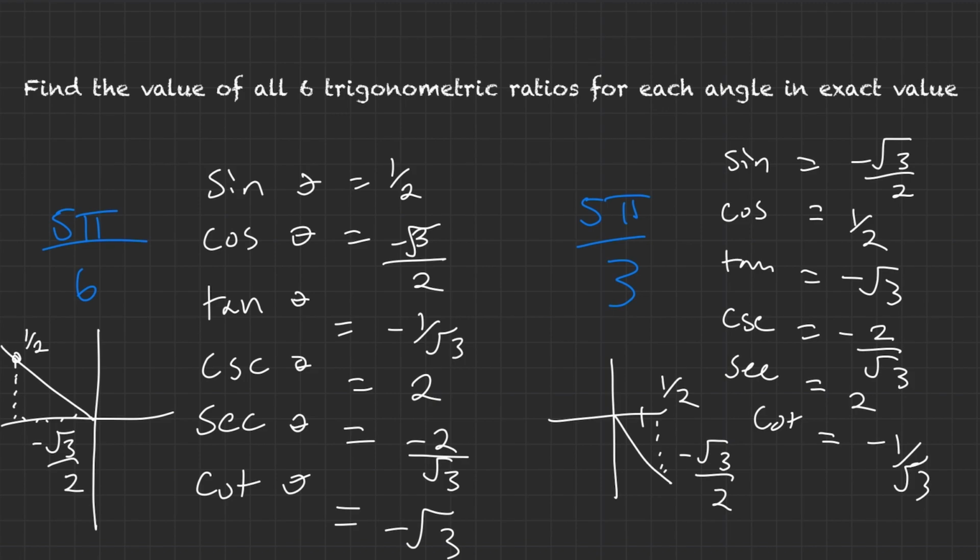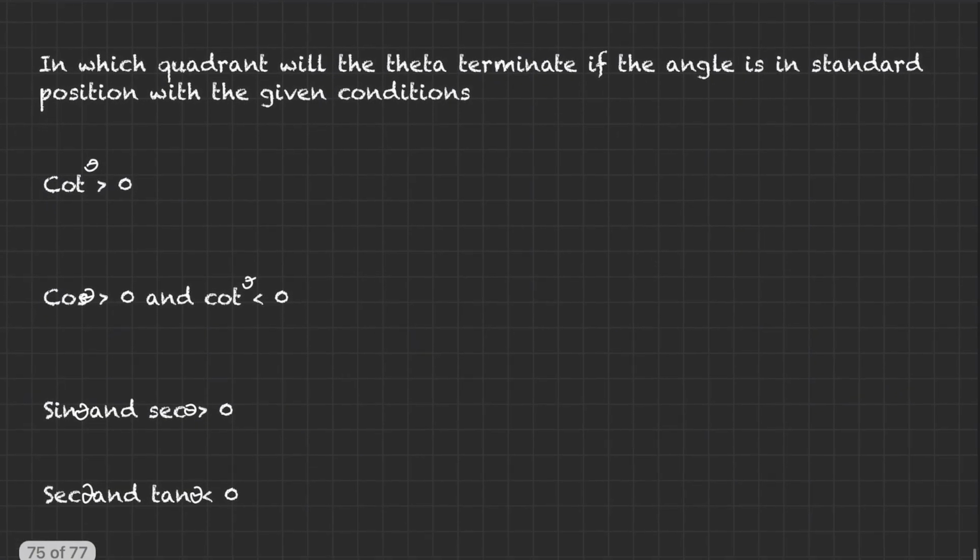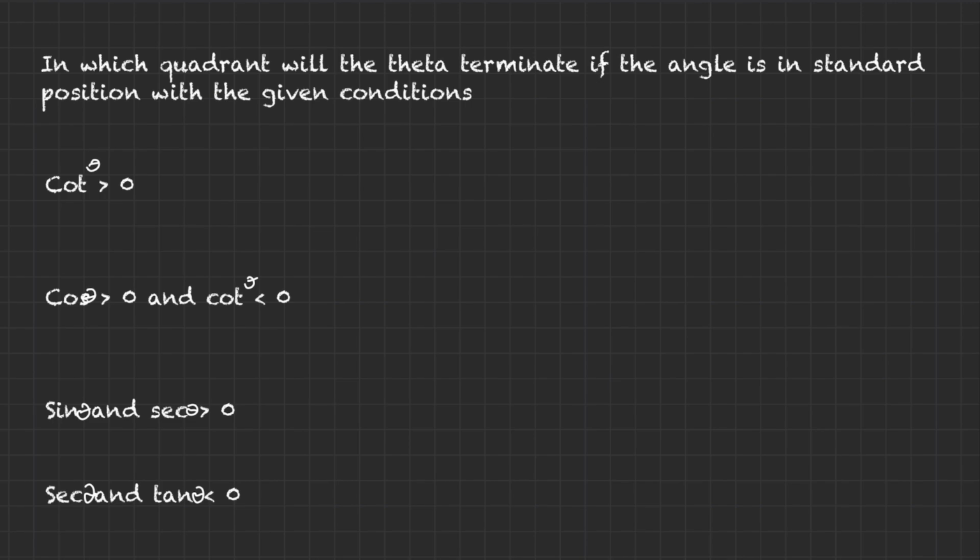If your teacher wants no radicals on the bottom, just multiply top and bottom by root 3. Okay? Good. Okay, let's try some of these.